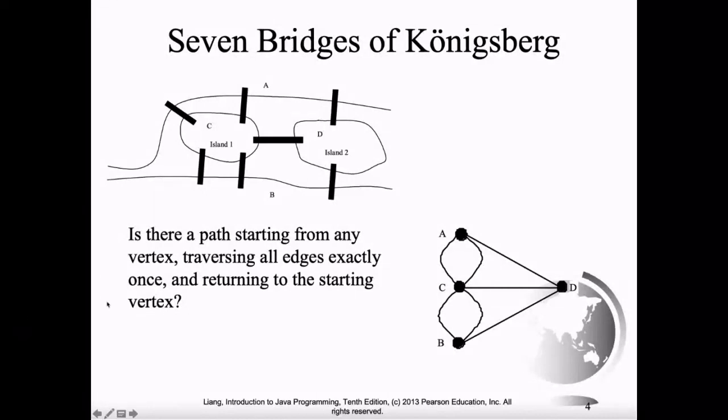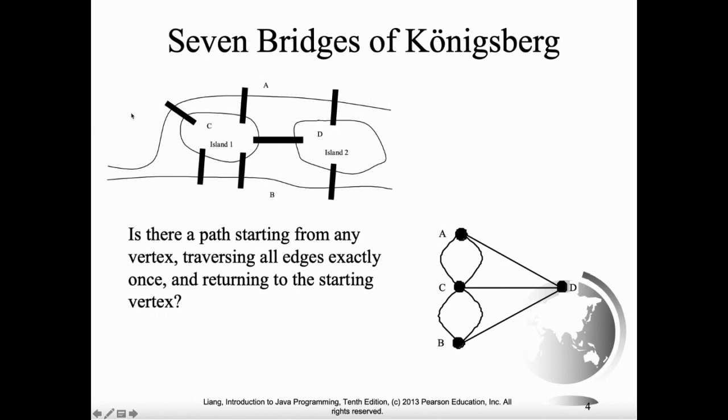Okay, so one of the very old modeling problems was the bridge problem. There were two islands that people were trying to connect with bridges to the main part of the city.